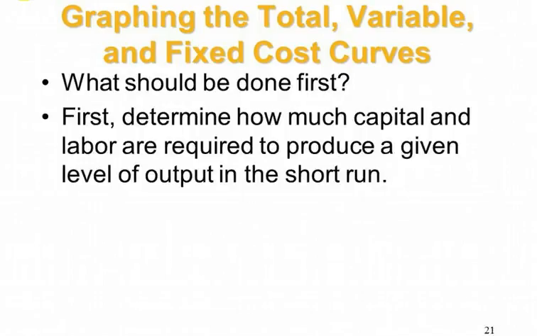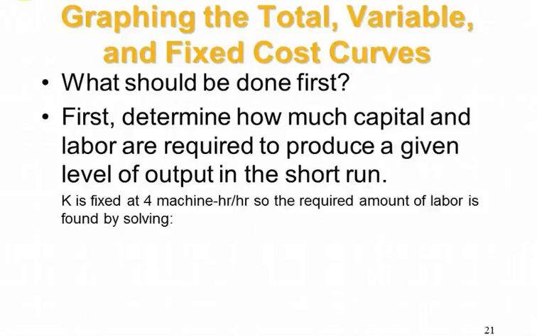What needs to be done first? Well, first determine how much capital and labor are required to produce a given level of output in the short run. So K is fixed at 4 machines. The required amount of labor is found by solving this.